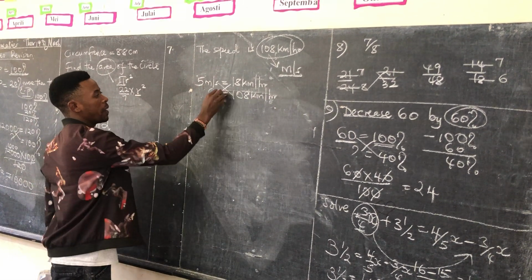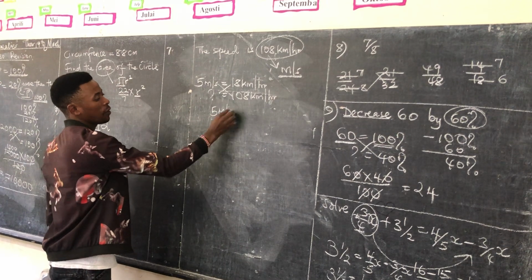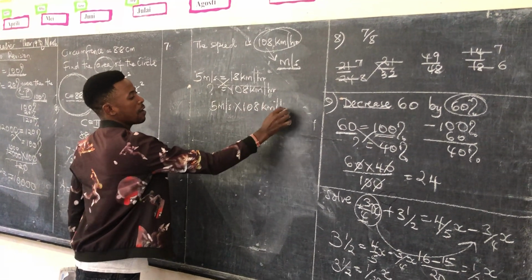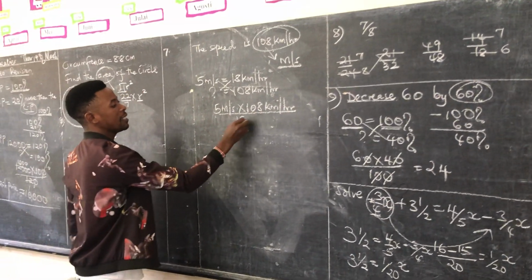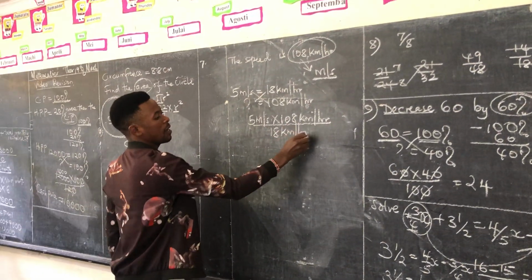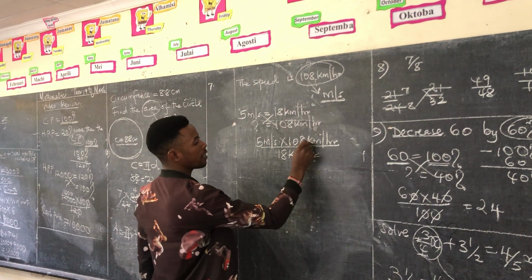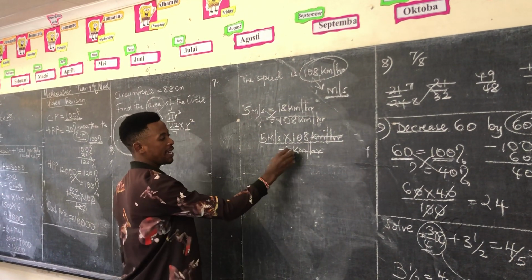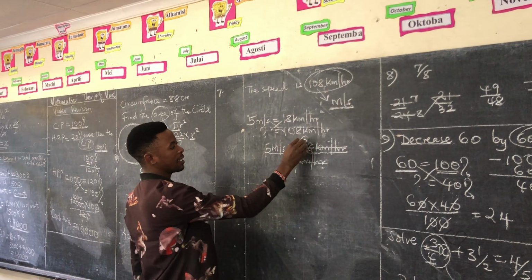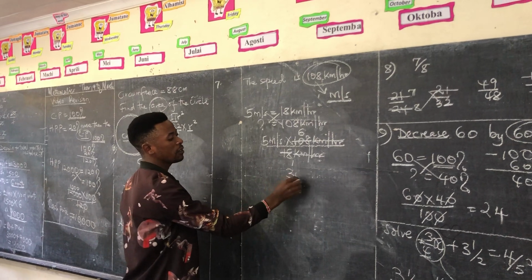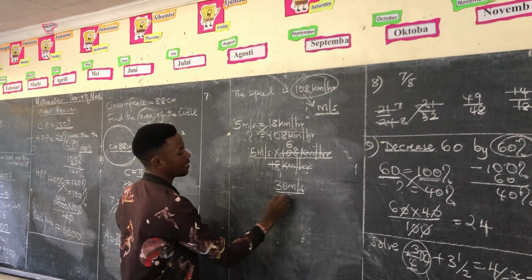So what about 108 kilometers per hour, how many meters per second will it be? You cross and multiply, that is 5 meters per second times 108 kilometers per hour over 18 kilometers per hour. So kilometers per hour cancels with kilometers per hour. 18 into 18 is 1, 18 into 108 is 6. So 5 meters per second times 6, that gives you 30 meters per second.